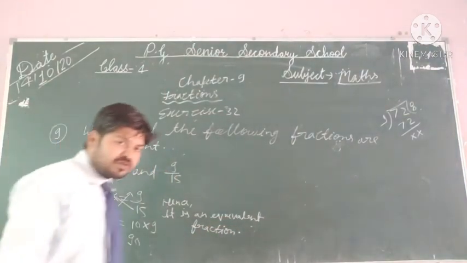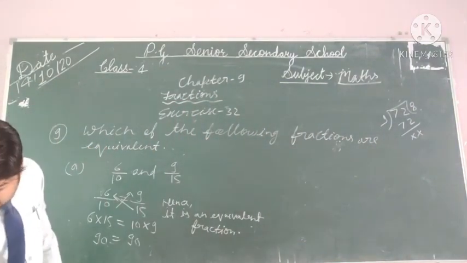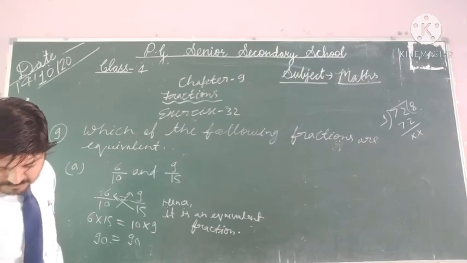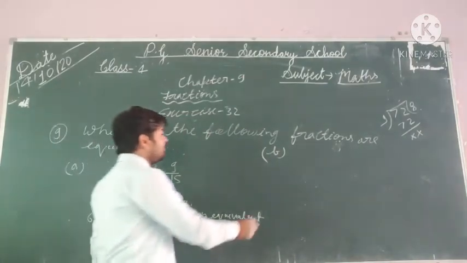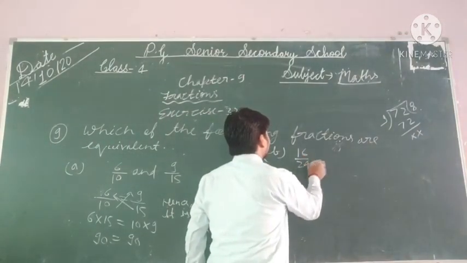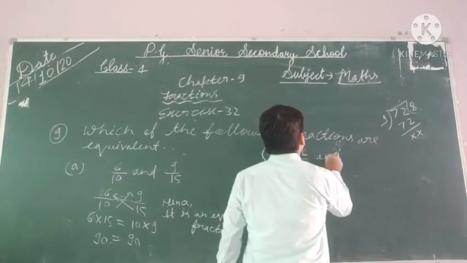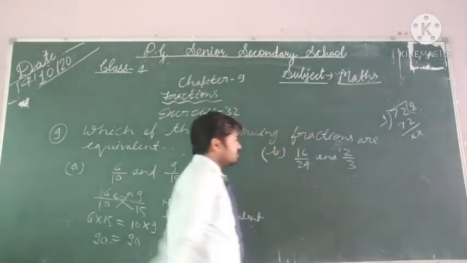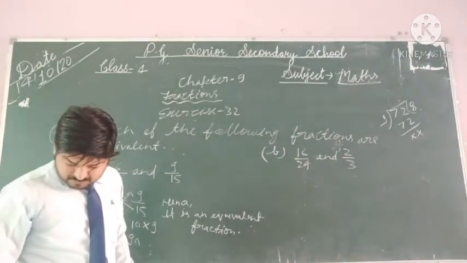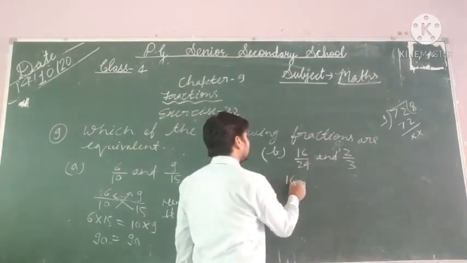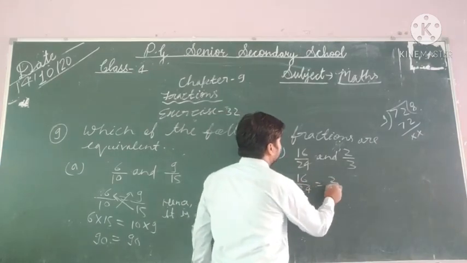One more question I am going to solve. B. What is question number B of this? 16 upon 24 equal to 2 upon 3. This is question. Firstly you have to write like this: 16 upon 24 equal to 2 upon 3.